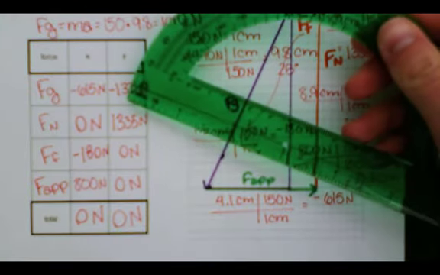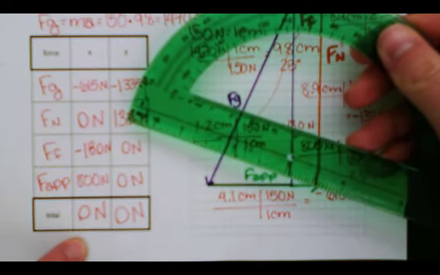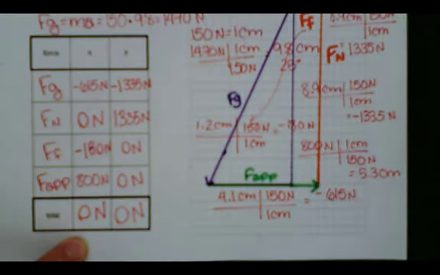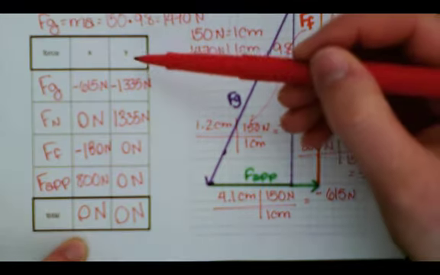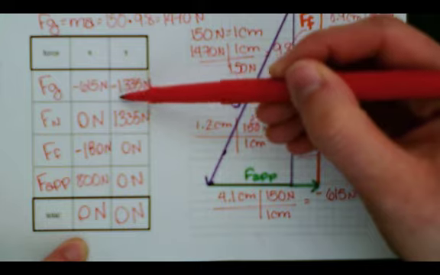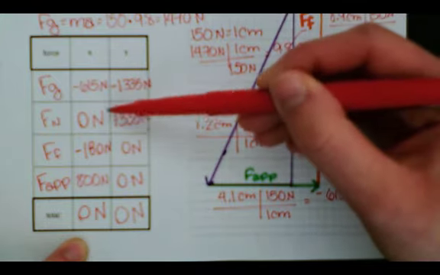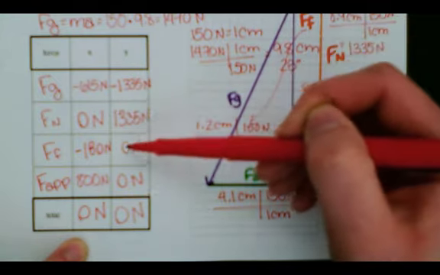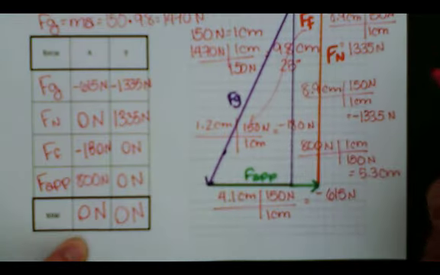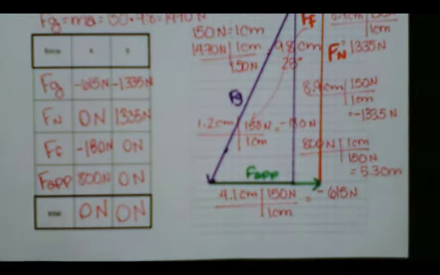If the markings were more exact, I would get exactly 0 newtons. 5 newtons is not a big enough difference for me to be worried. Let's check our y components. Negative 1,335 plus 1,335 plus 0 equals 0 newtons. I feel pretty confident about my solution.